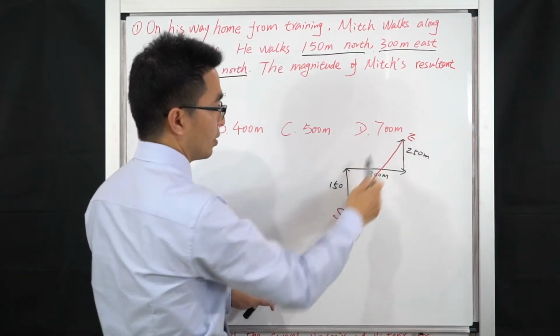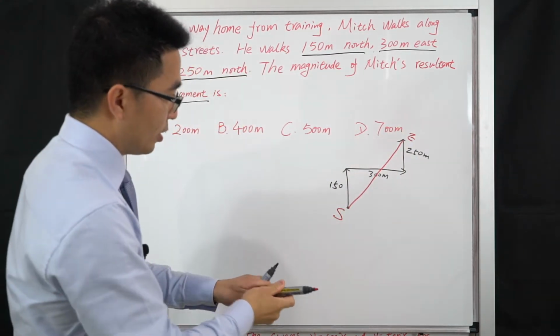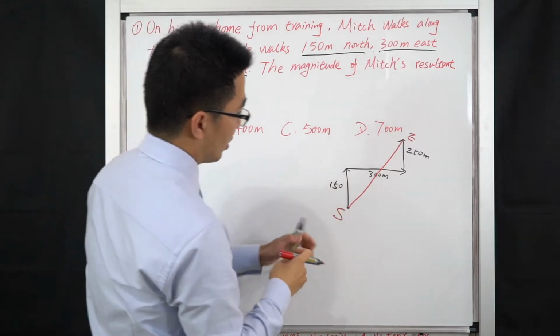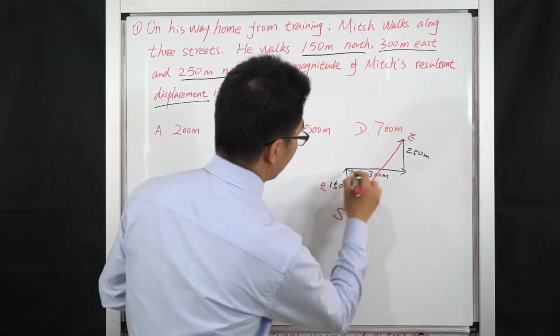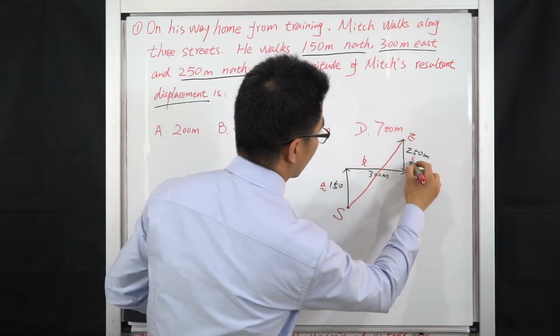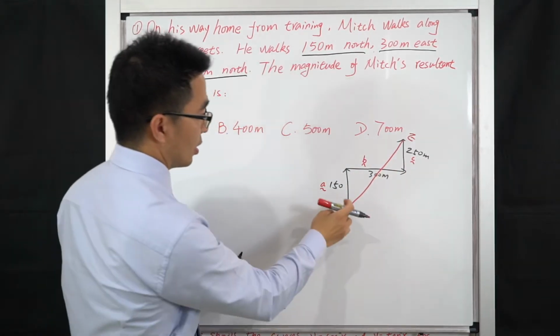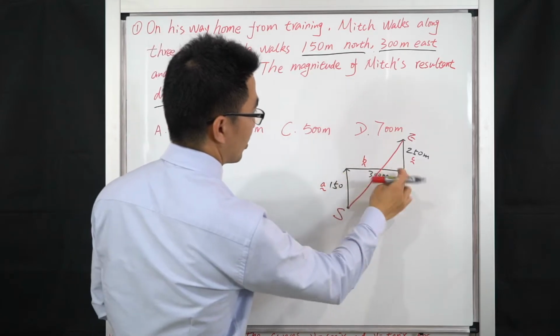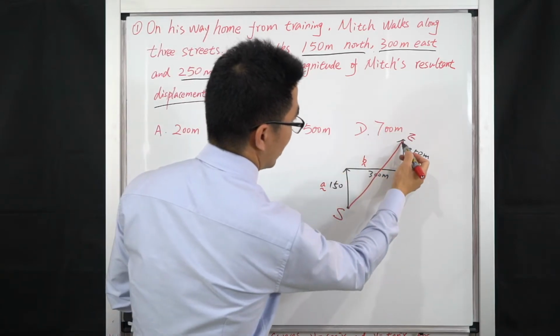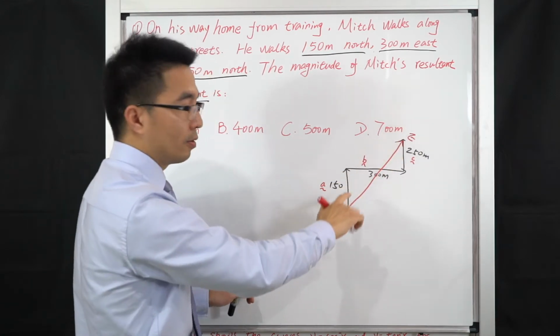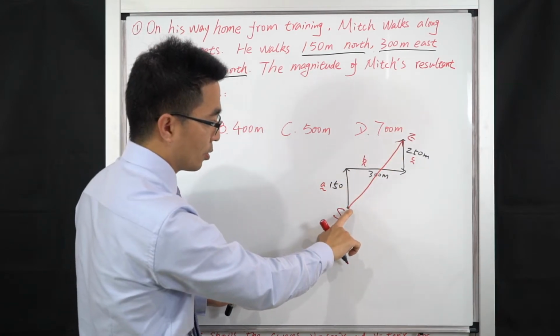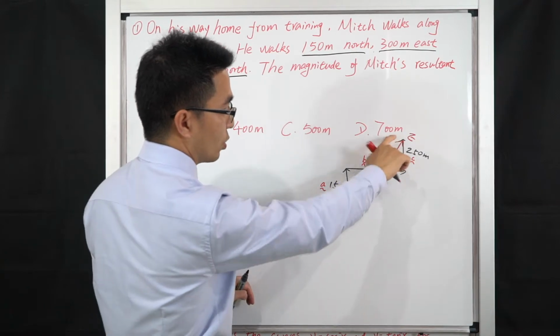So here is the displacement. Using vectors, we consider this vector A, vector B, vector C. Here's the vector A direction, here's the vector B direction, here's the vector C direction. So here would be the total displacement from S to N for Mitch from the training center going home.